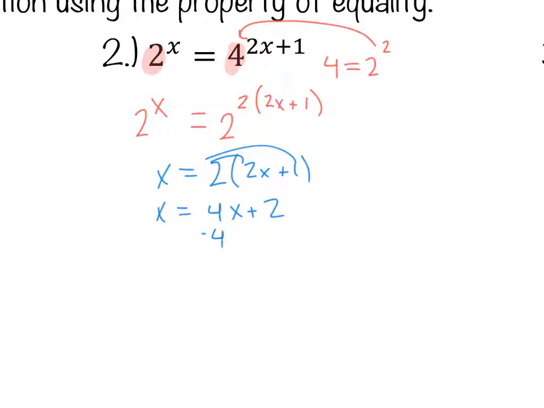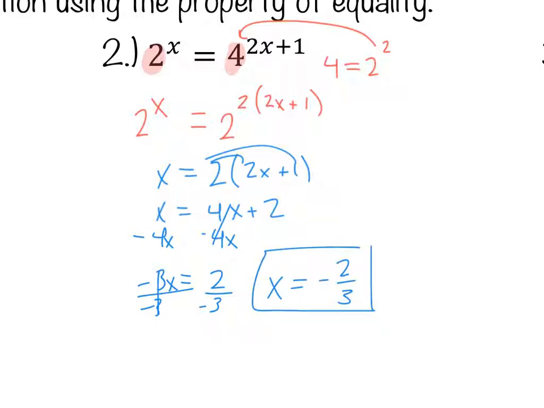Subtract the 4x, negative 3x equals 2. Divide by negative 3. I think you can figure it out from here, and x would equal negative 2/3. So that's one way of doing it through the property of equality.